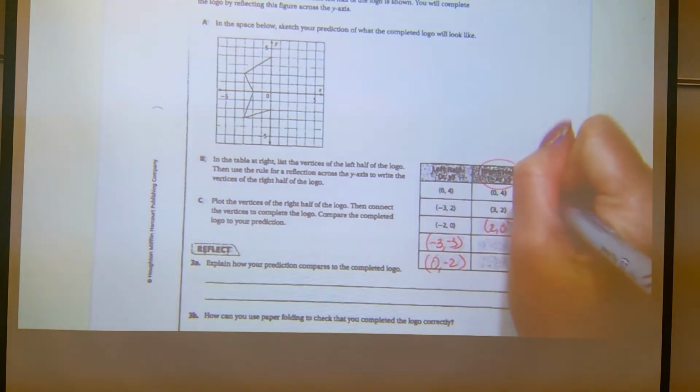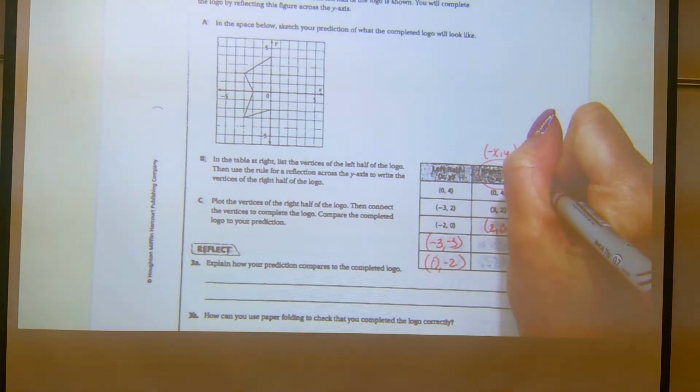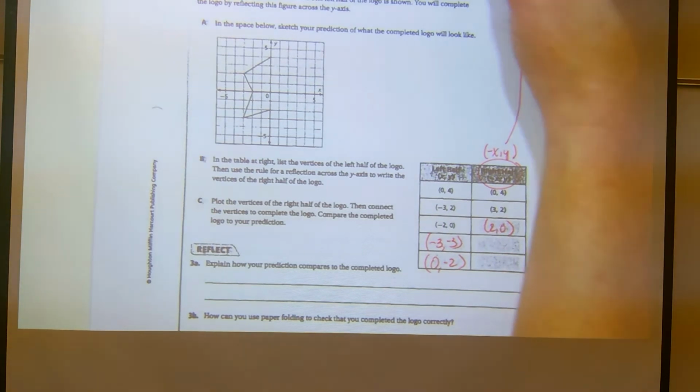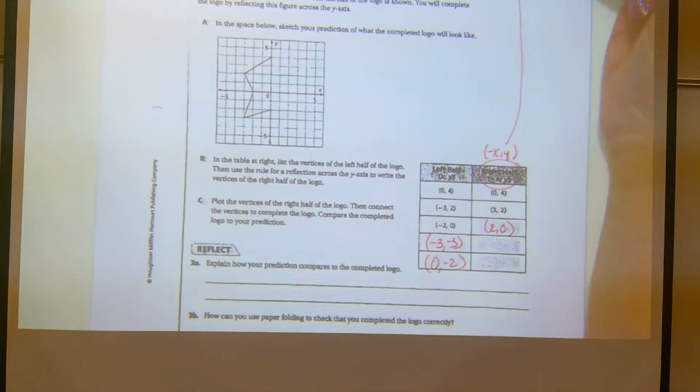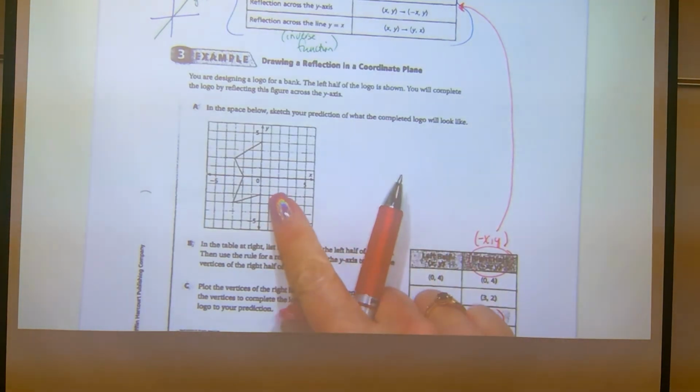If you can't read that, your rule is (x, y) goes to (negative x, y). And if I weren't here to tell you that, you would know it from your table that tells you that's the rule to reflect something across the y-axis, because that's what I'm asking you to do.